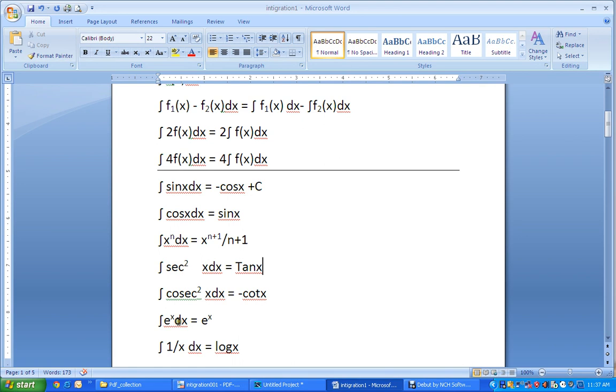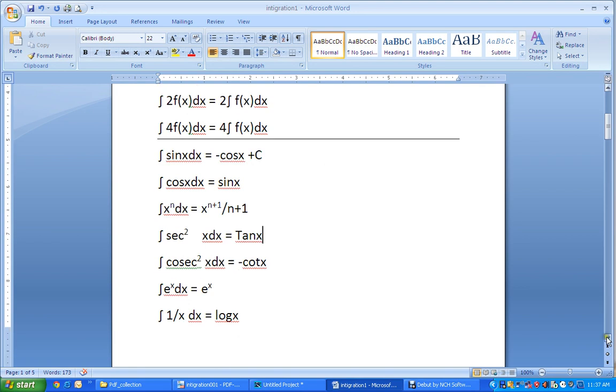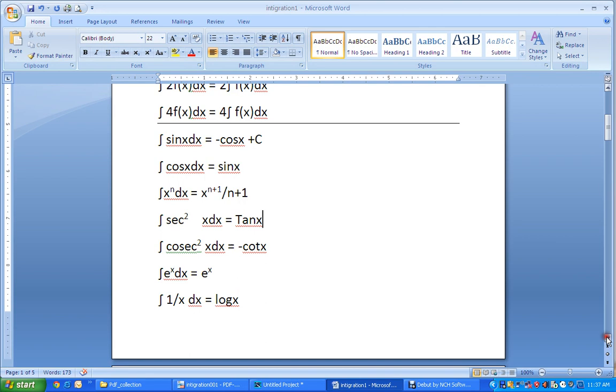Integration e power x dx, the value will be e power x. E power x is an exponential function. Integration 1 by x dx, the value will be log x.